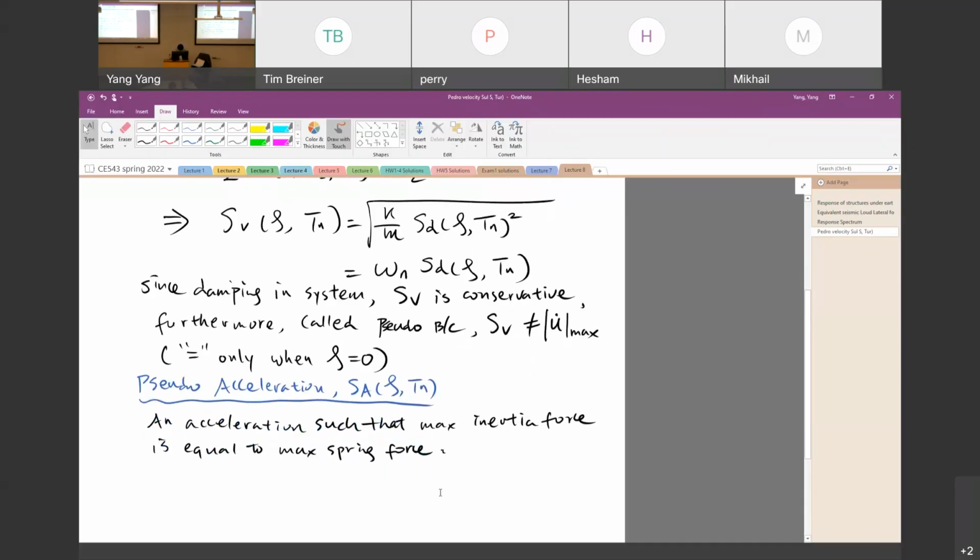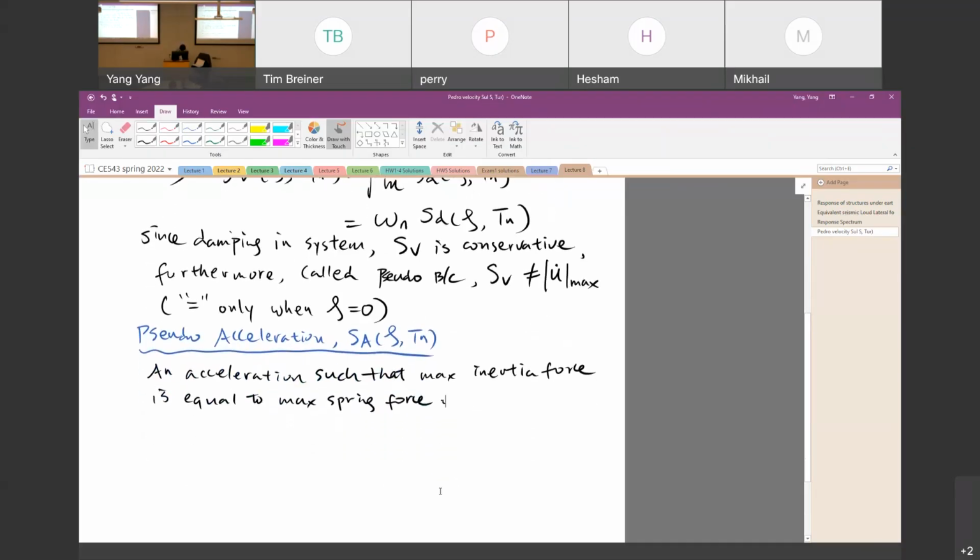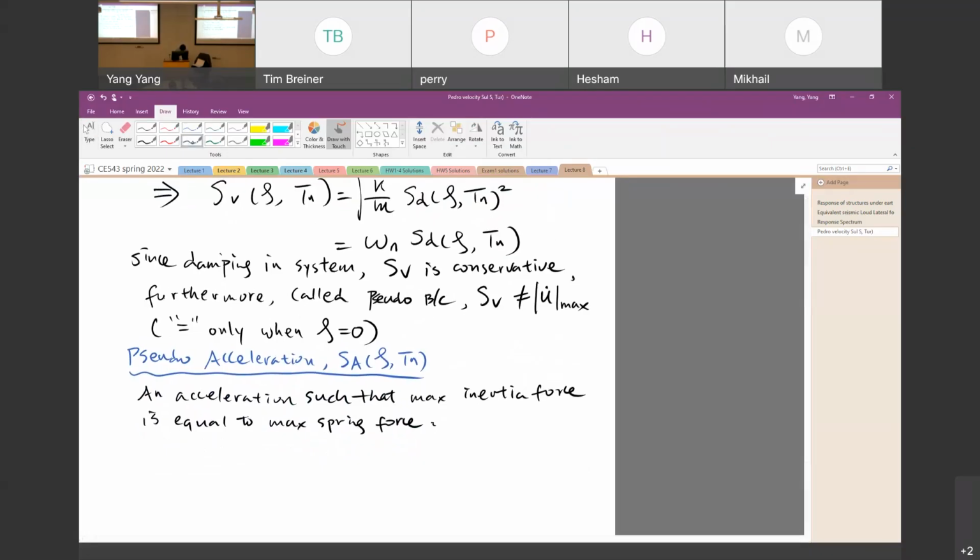So if we assume the maximum inertial force is equal to the maximum spring force, so the mass times the maximum acceleration is equal to k times the maximum displacement.